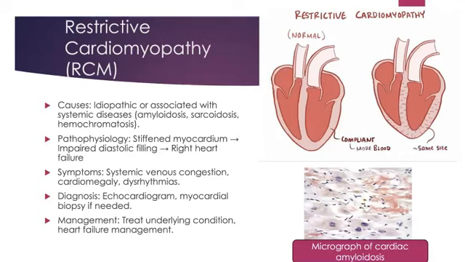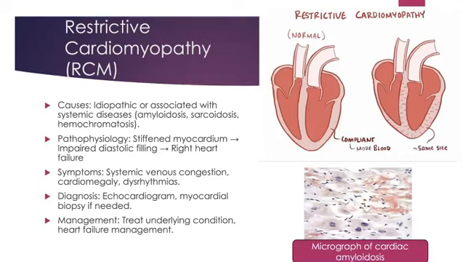An amyloid is a misfolded and insoluble protein that can be in the atria, the valves, or the ventricles. And so these deposits can cause that thickening in these different areas of the heart, and that can lead to decreased cardiac function.